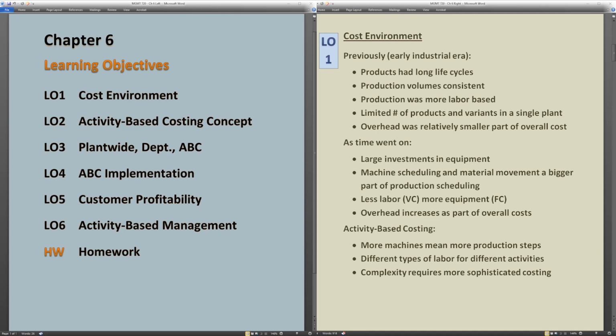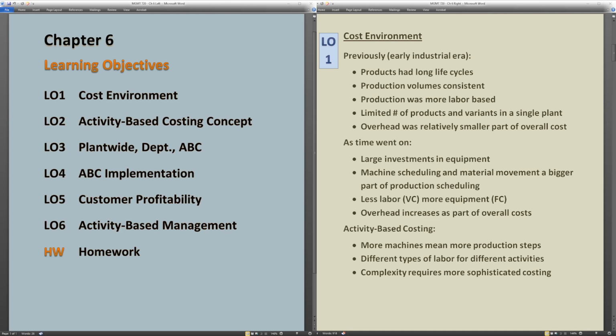As time went on, companies started to invest more in equipment, the whole transition towards fixed cost away from variable costs. And so you were basically moving products between a lot of different machines. So scheduling and movement of material was a bigger part of the production cycle. Overhead increased as part of the overall costs.